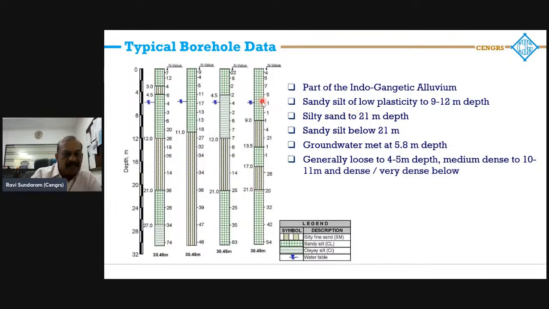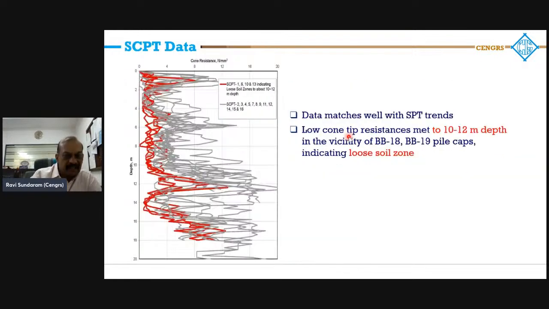But there were zones where we got very low N values. So this was an issue of concern. The cone penetration test also showed a similar trend, with low cone resistance till substantial depth, 11, 12 meter depth.